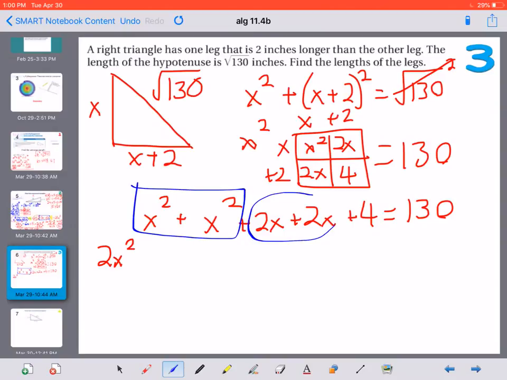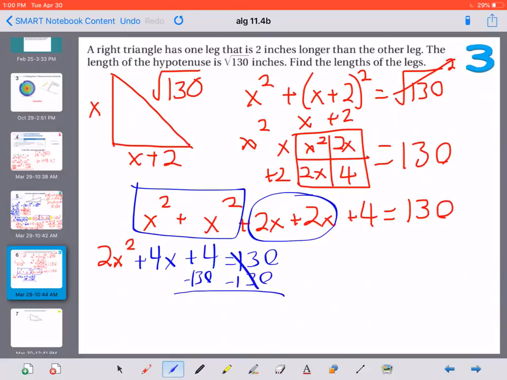Then I have 2 x's, so that's going to be 4x plus 4 equals 130. So I'm going to try to find what x is, so I'm going to subtract 130 from both sides. We get 2x squared plus 4x minus 126 equals 0.